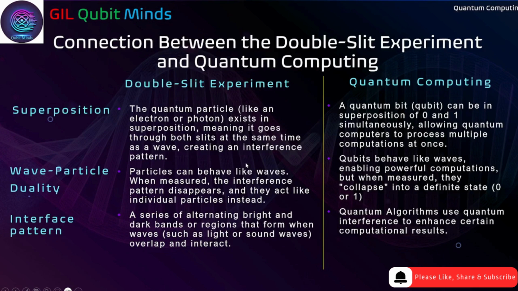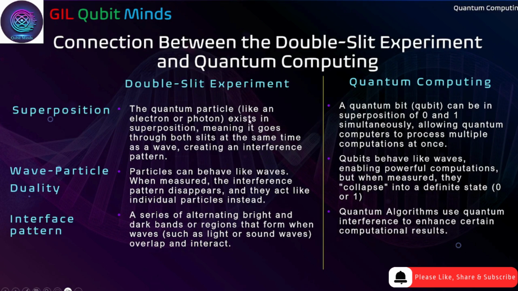Now we need to understand what is the connection between quantum computing and this double slit experiment. The quantum particle, like the electron or photon, exists in superposition, meaning it goes through both slits at the same time as a wave, creating an interference pattern.